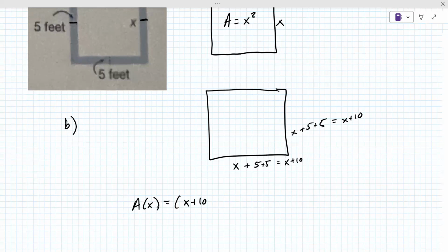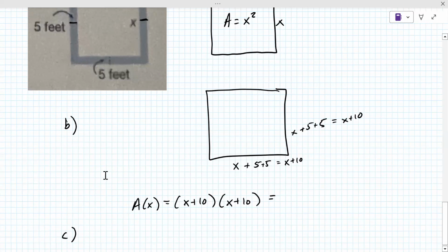X plus 10 times x plus 10. So will you FOIL that for us? We are going to use that in part B. Oh, actually, that is part B. So yeah, you got it going. Oh, and C is the simplified. So when you FOIL this, you will have part C.